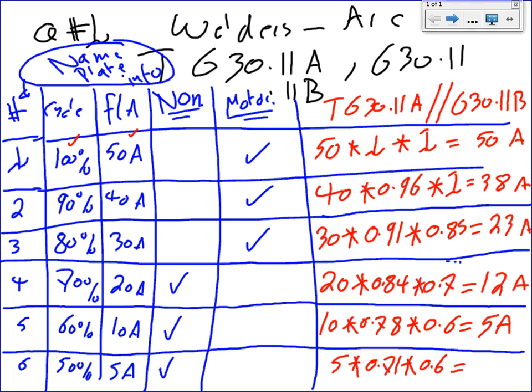What do you guys come up with? 2 amps. That's it. If you have more welders, what do you do? Keep adding them. Oh, that's it for this example.